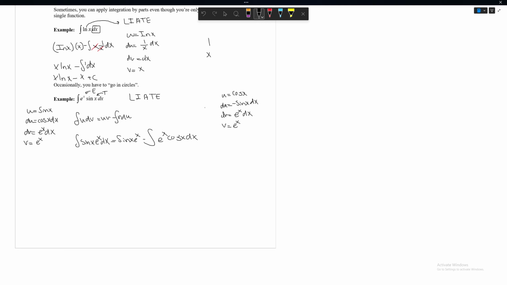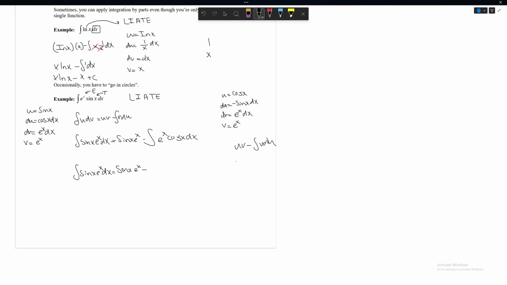And now let me sub this back in. Everything on the left side stays the same, minus the integral of this. So if I take this to the side, it will be uv minus, obviously, this equation, v du.